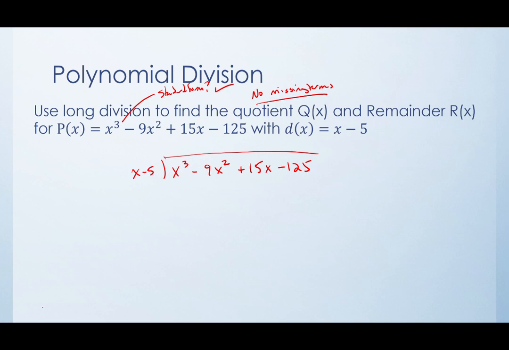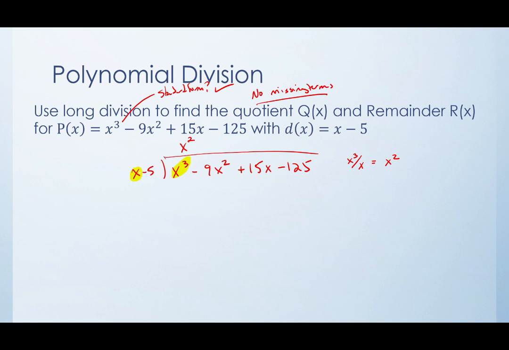All right, so what we're doing here is taking the first term in our original polynomial and dividing it by the first term in the divisor. So what is x to the third over x? That's x squared, right? So there's our first term in our answer, x squared.